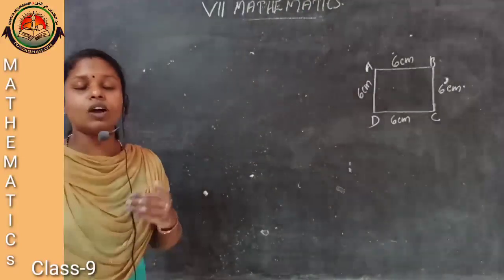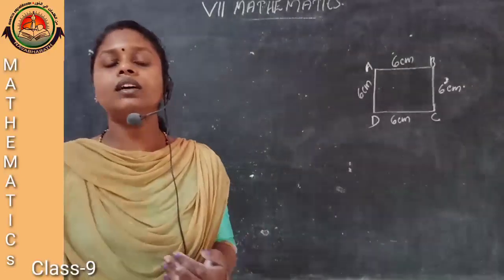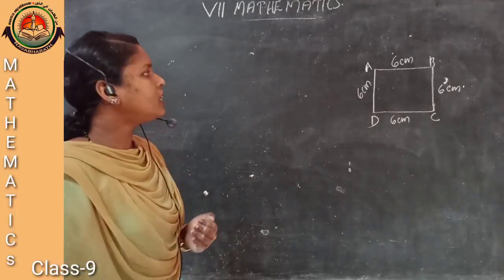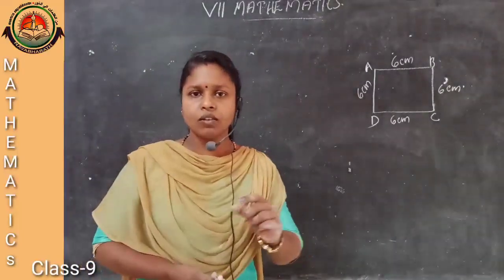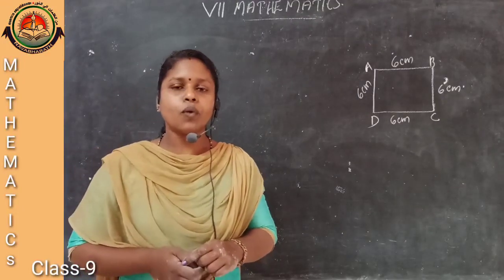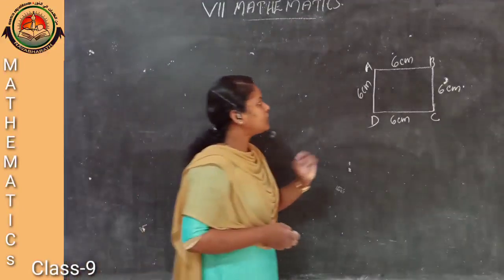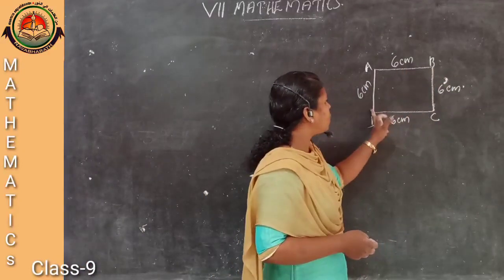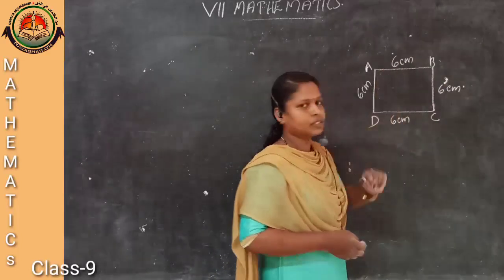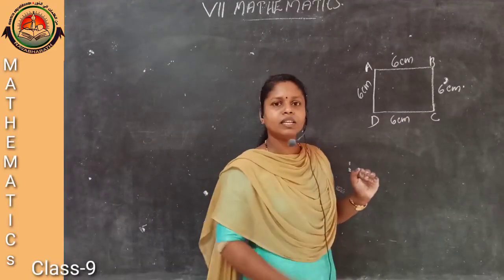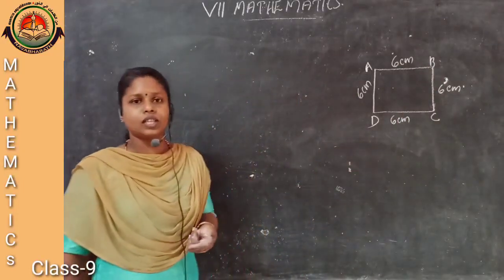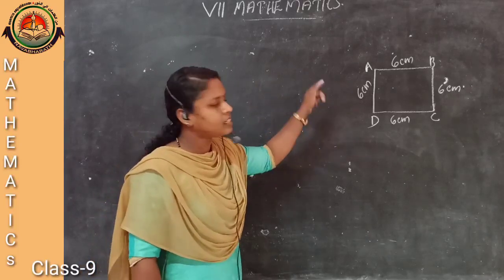So to find the 1 by 3 of the perimeter, first of all we need to find the perimeter. What is the perimeter of a square? We have a formula to find the perimeter. Perimeter means total length of this boundary, the total length of the sides. Here we have 4 sides, and we need to add the 4 sides. All the 4 sides are equal.